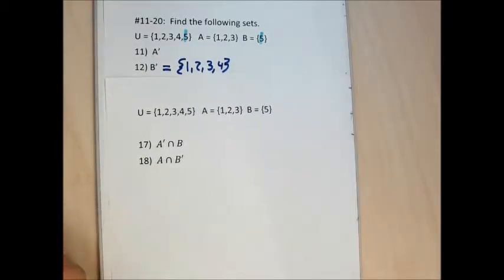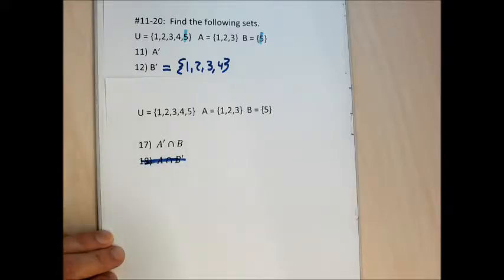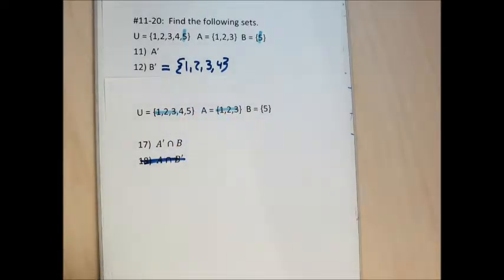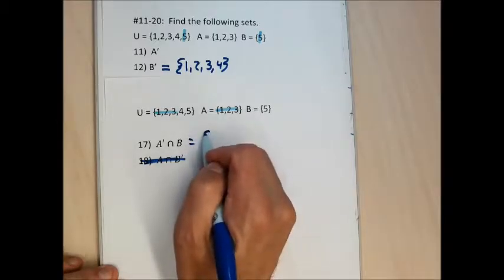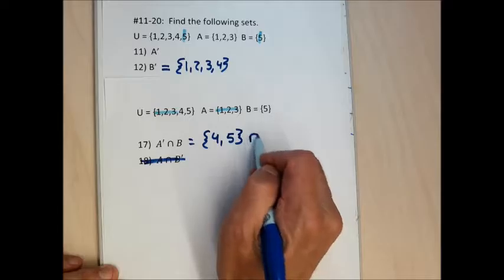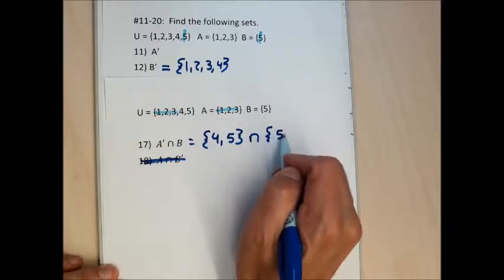Alright, so let me work on 18. In fact, let me work on 17, so we'll save you a step here. So 17 first wants me to find A complement. If I didn't know what it was already, I could find it real quickly. A complement is the set containing 4 and 5. I'm going to intersection that with the set B, which is a set that contains the number 5.